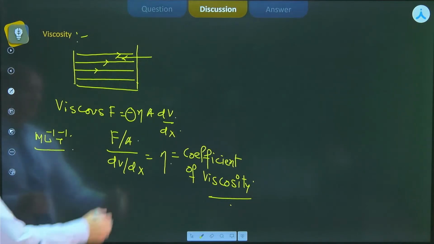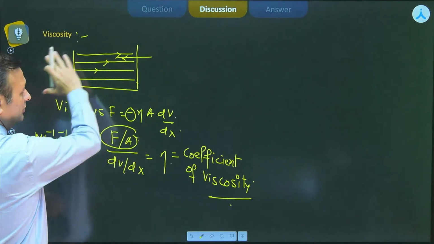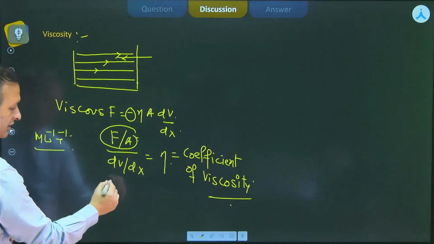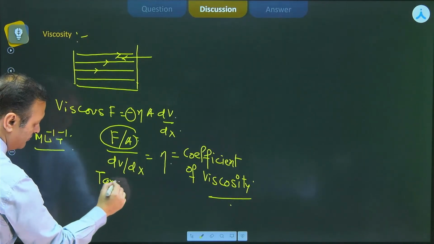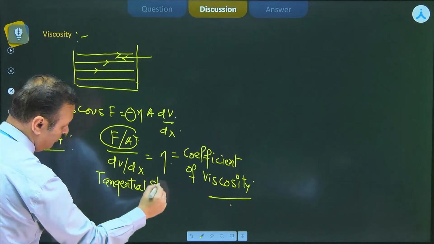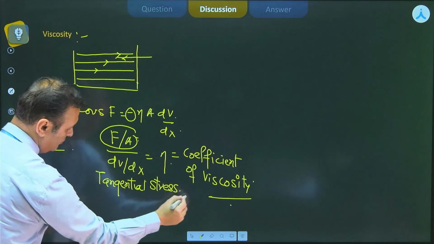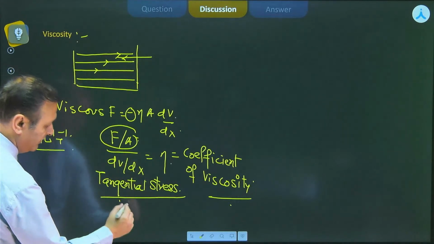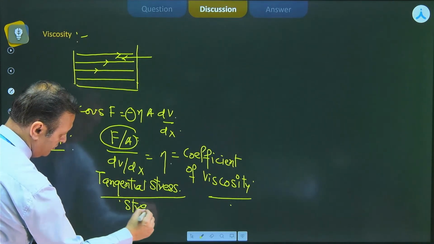Now if you look at this, I have rearranged it. So this is your tangential stress that is developed between the layers, and this dV by dx is called strain rate.